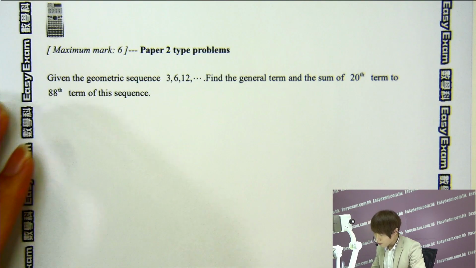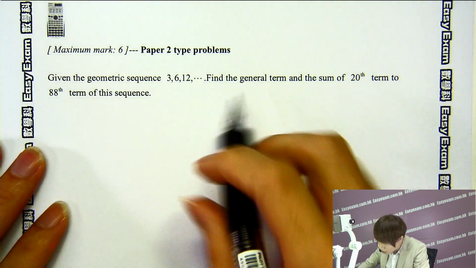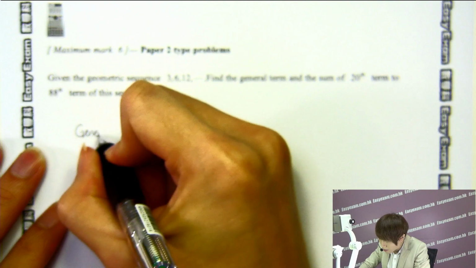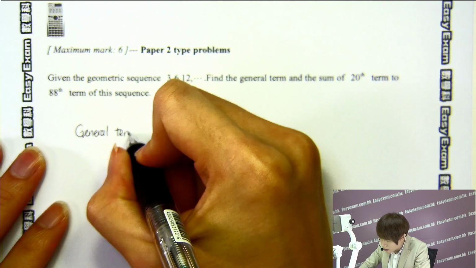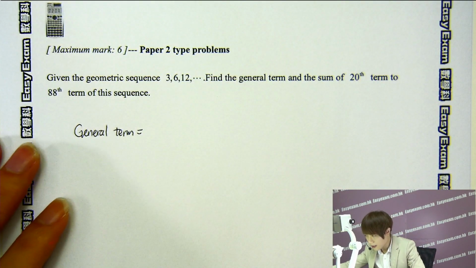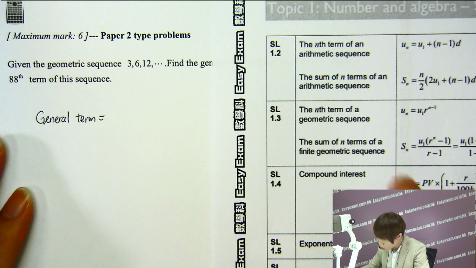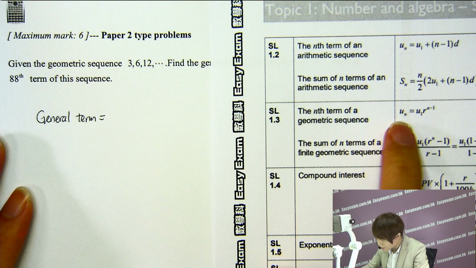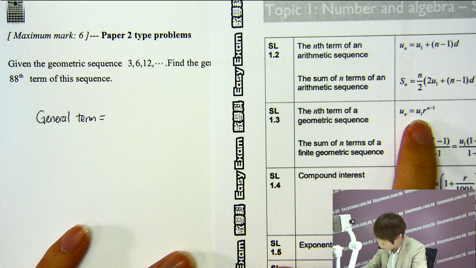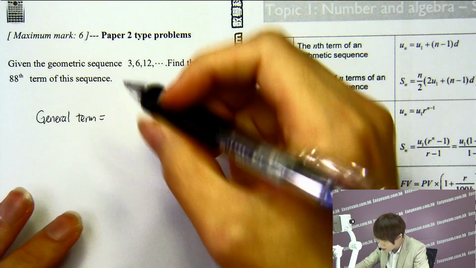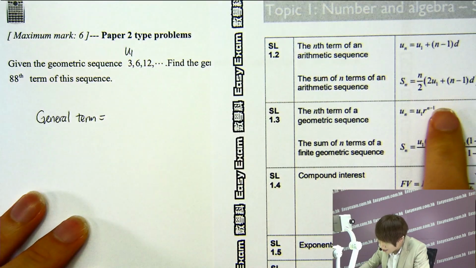So the first part of the problem is finding the general term. And of course, in order to find the general term, you may just refer to your formula sheet, okay? From your formula sheet, you can see the general term of a geometric sequence is given by U1, which is the first term. And the first term here is actually 3, okay?